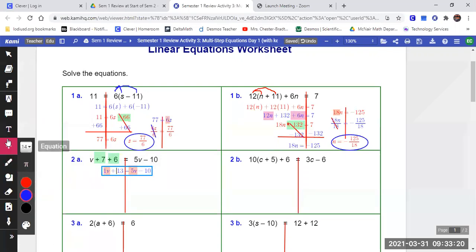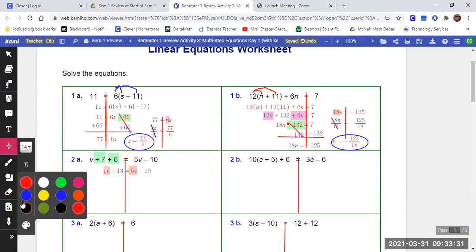I need to move the smaller letter over to the bigger letter. So who's smaller, 1 or 5? Okay, so I need to big 0 the 1V out of there. How would I big 0 the 1V out of there? Subtract 1V, not 1, 1V from both sides.